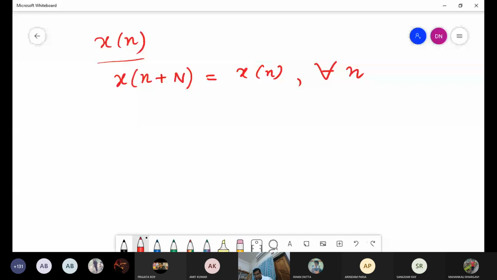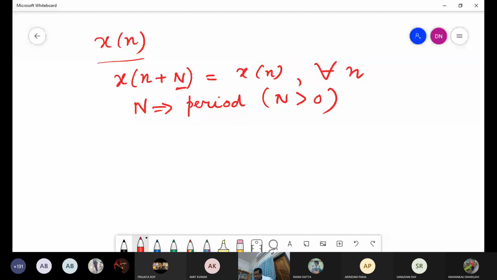Here, capital N is called the period, the time period, and this capital N should be non-zero. So the signal xn is a periodic signal with period N if and only if xn plus capital N is equal to xn.